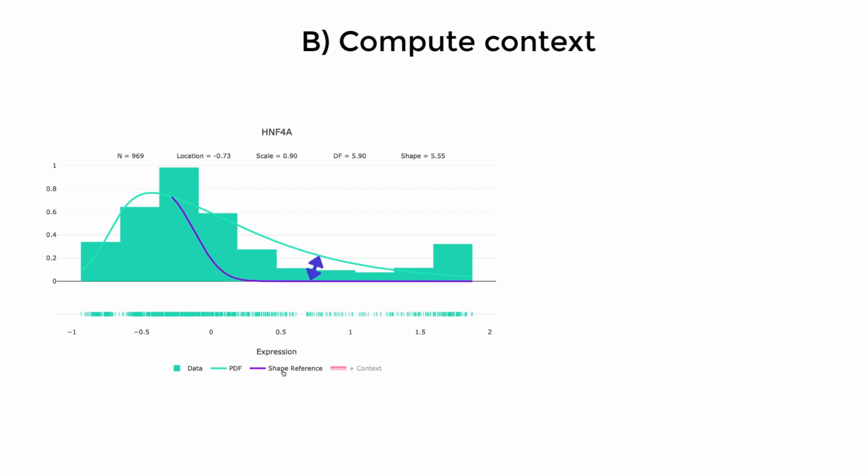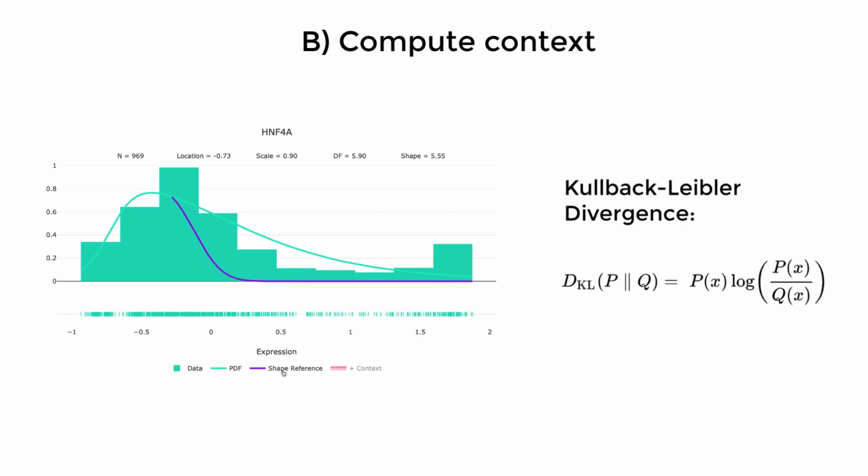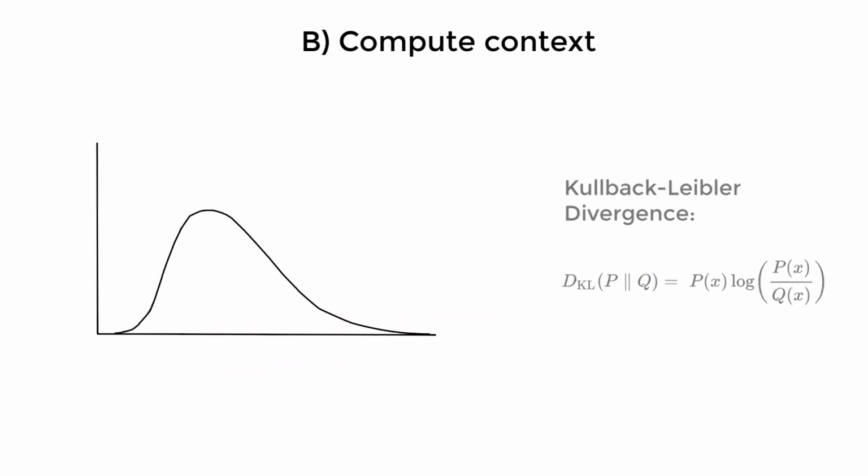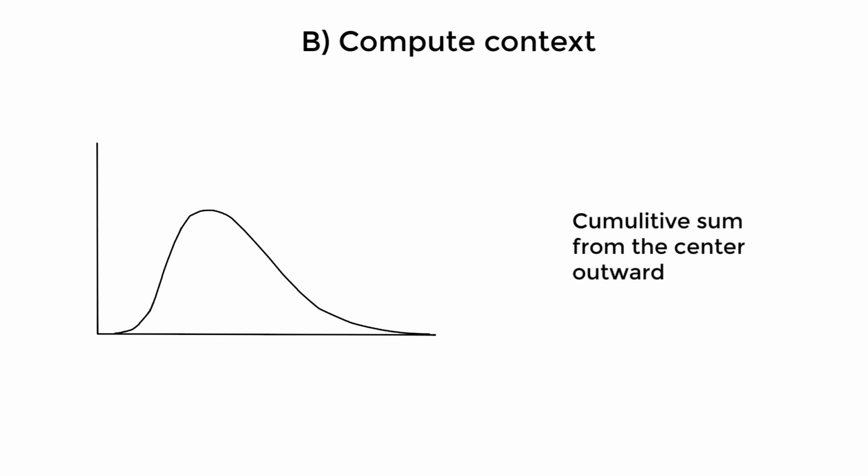Now we're going to begin to quantify the difference between the green PDF and the purple PDF. First, we're going to compute the Kullback-Leibler divergence, a measure of entropy between each point on the green PDF, which is P, and the purple PDF, which is Q, giving us a new probability distribution that looks like this. Now we're going to take the cumulative sum of this distribution from the center outward, where the final y value will be 1.